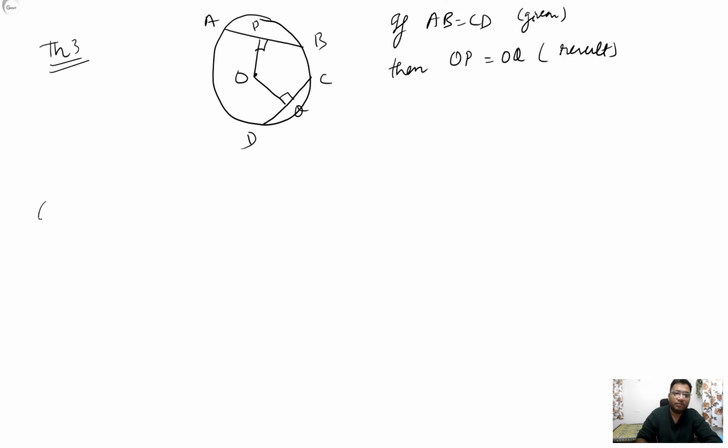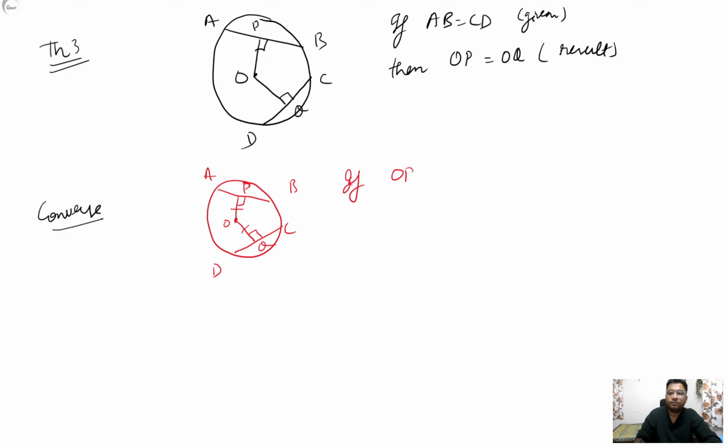Okay, and obviously you can easily guess what the converse of the theorem would look like with a very similar diagram, but this time around we will not mention that the chords are equal. This time we will mention that their distances are equal. So the theorem says, OP is equal to OQ. That's given to us.